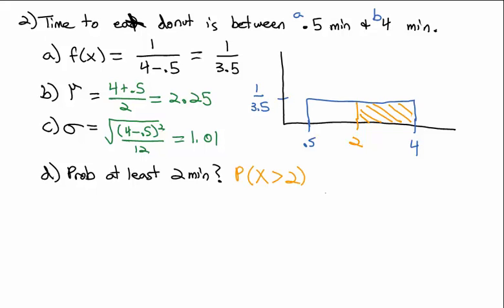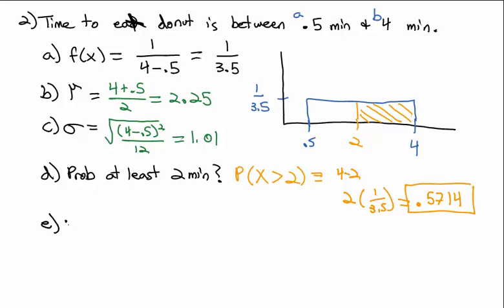So the base is 4 minus 2. The base is 2. The height is 1 over 3.5. Base times height is the area of the rectangle, 0.5714. Just over a 57% probability it's going to take at least 2 minutes.